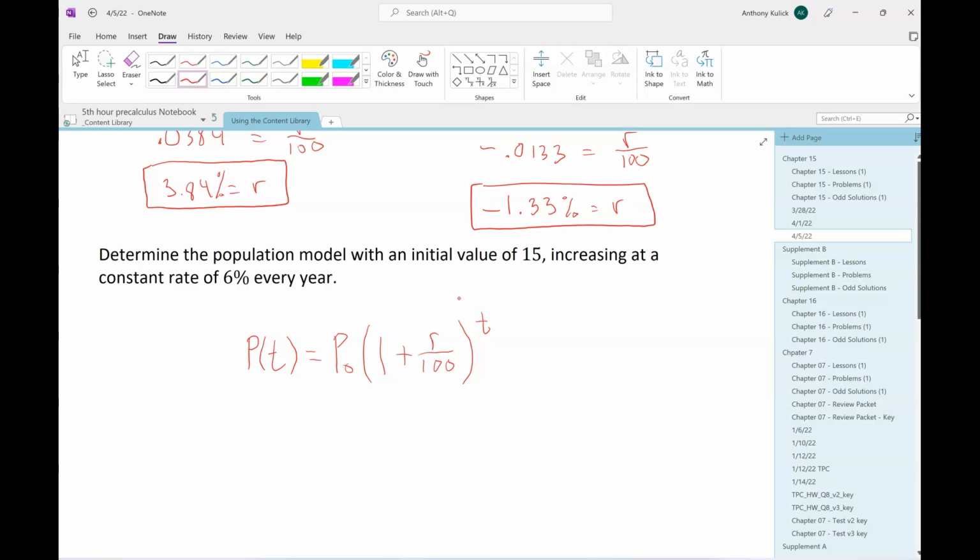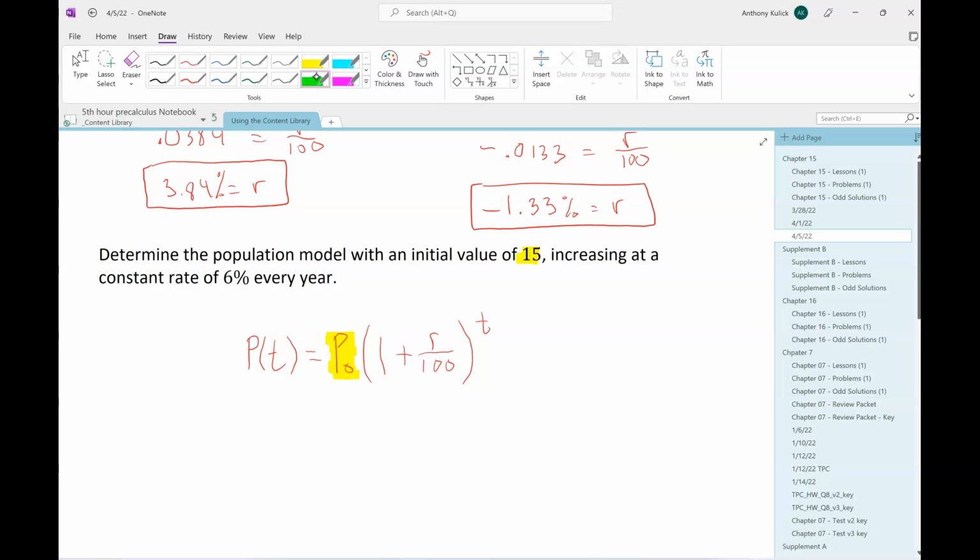Next, we should begin by filling in values for P naught and r. What should be the value of P naught? 15 is correct.